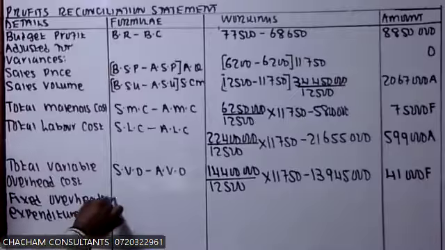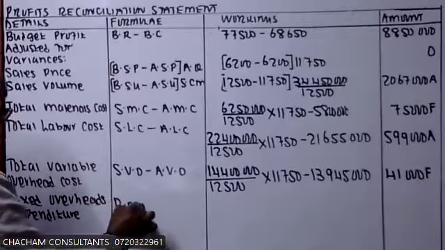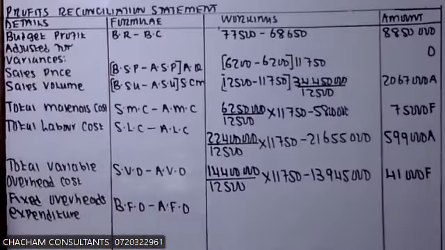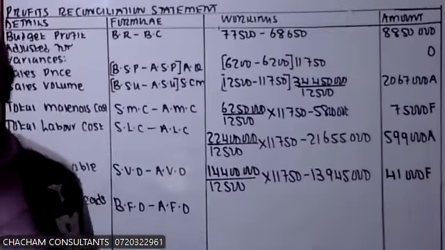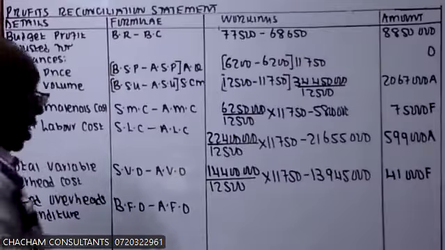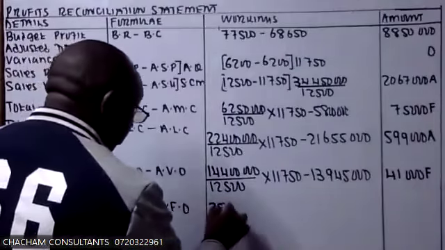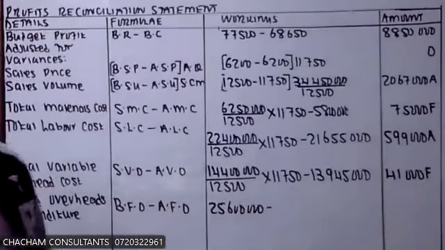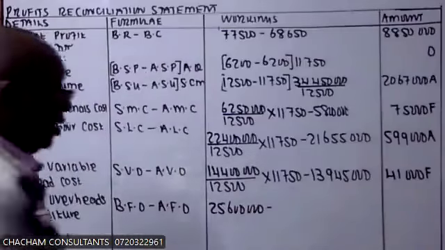Now this is given as budget fixed overheads minus actual fixed overheads. So the budget was 25,600,000, minus the actual, which is 25,100,000.